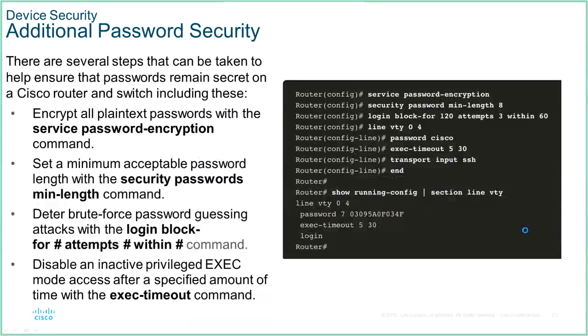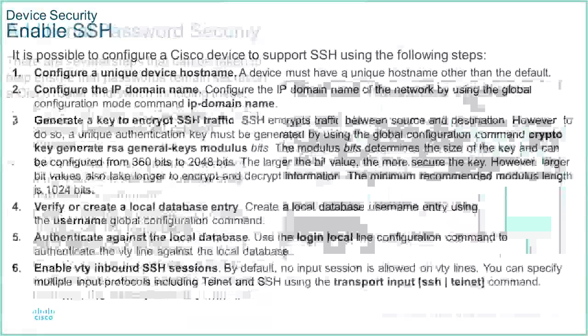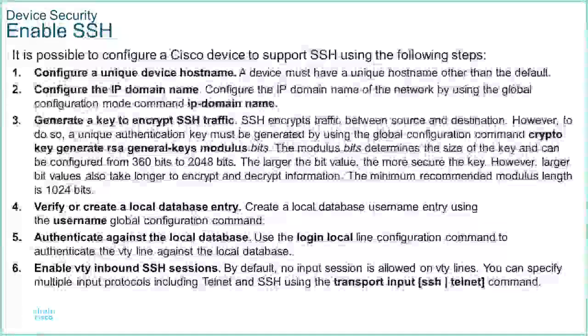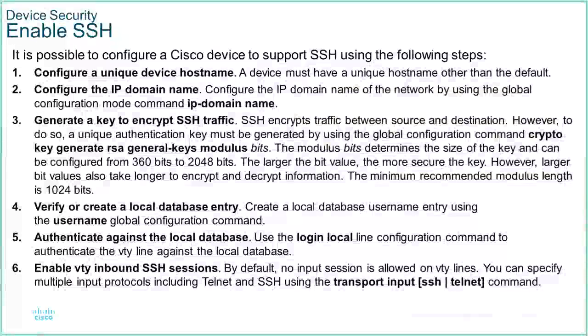What you need to have to enable SSH on your system is a unique host name. It can't be router, can't be switch. Those are generic names sent out from the factory. You need to have an IP domain name configured on the device, and you do this with the ip domain-name command.